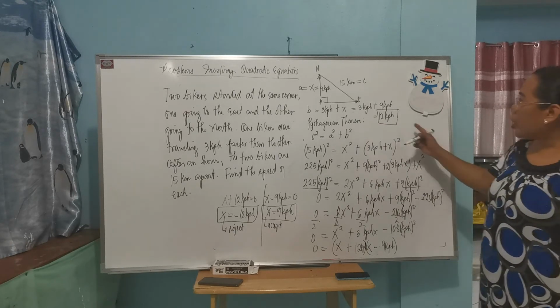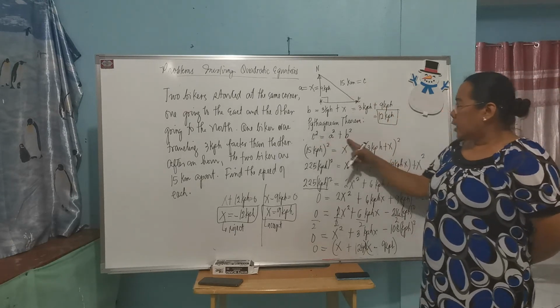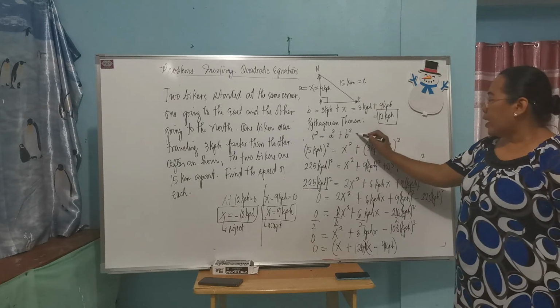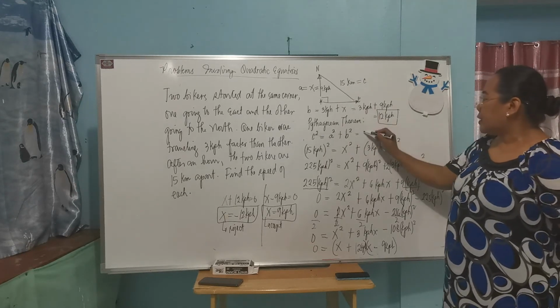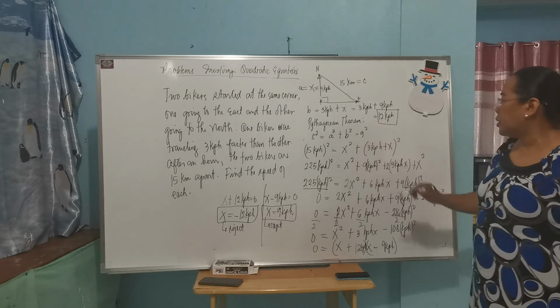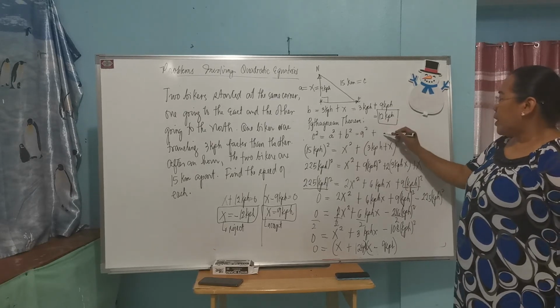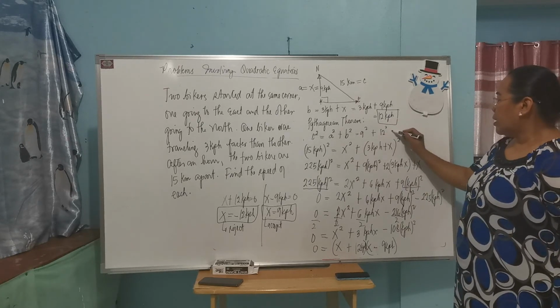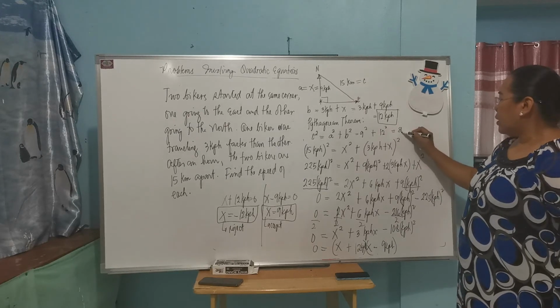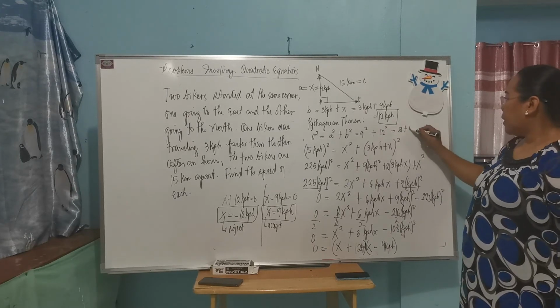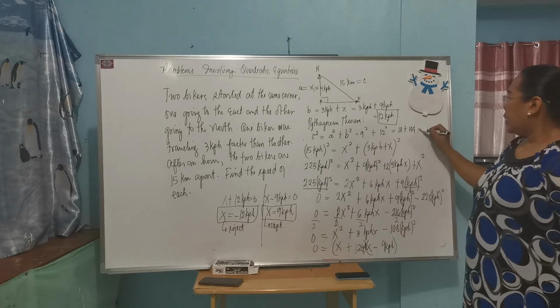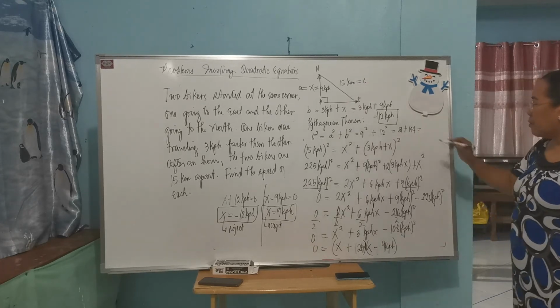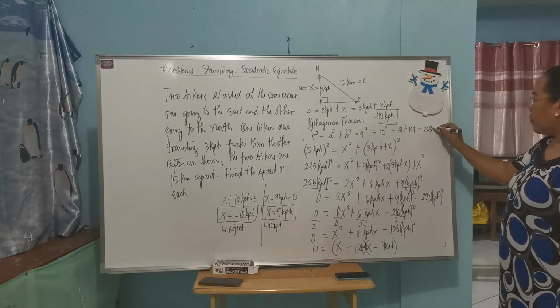Okay? So if we are going to check our answer, simplifying that, we have our a is 9 squared, plus your b is 12 squared. So that would give us 81 plus 12 squared, which is 144, and that would give us a sum of 225.